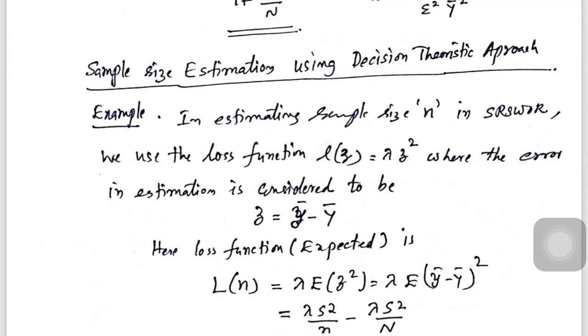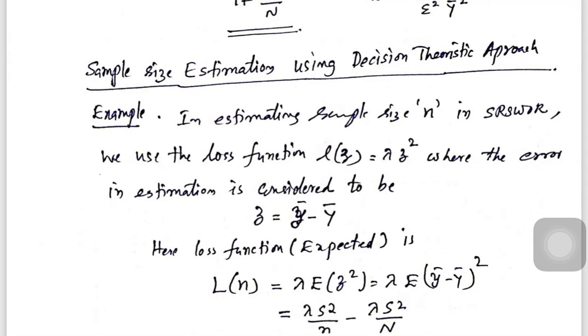By adding the expected loss function and cost function, we will have the total cost function, and we will find the optimum value of n by minimizing this total cost.